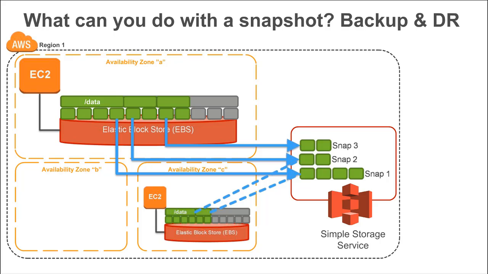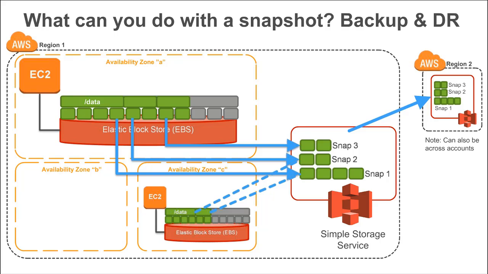Now we need to present this data to another application in a different availability zone within that region. So from snapshot 2, we're able to create a volume and attach that new volume to an EC2 instance in availability zone C. So now that application has access to that data.